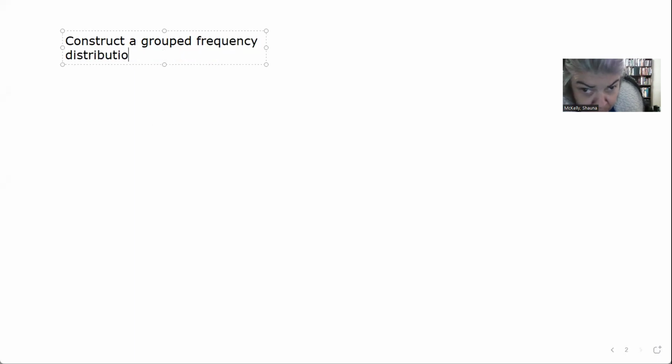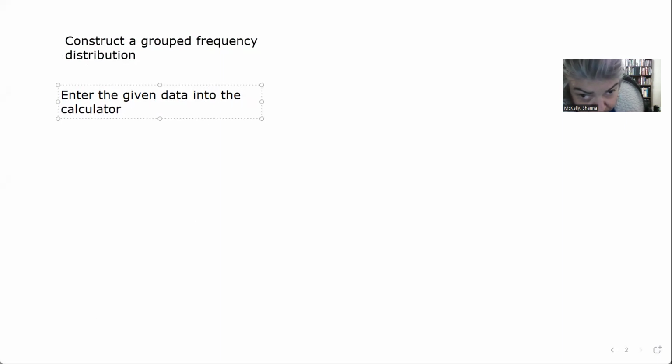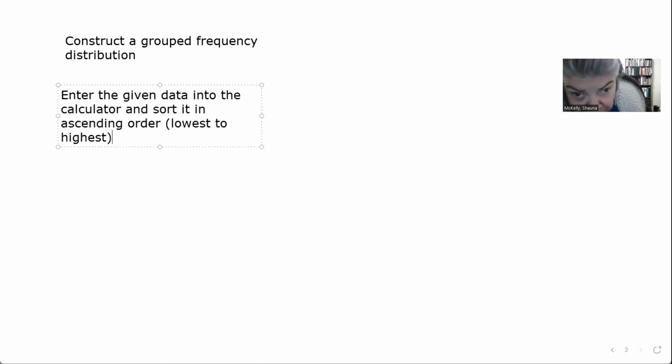So what do you do? You enter the given data into the calculator and sort it in ascending order from lowest to high. Okay, so we did that.